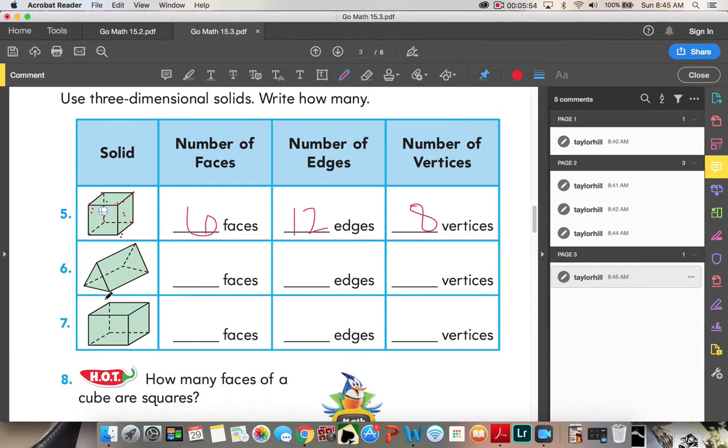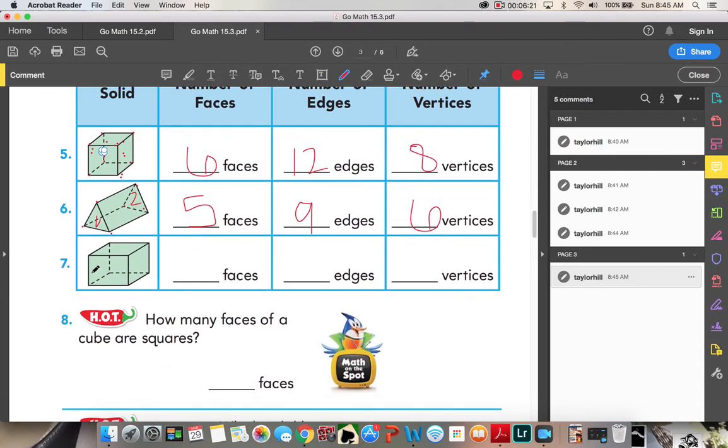All right. And then our triangular prism. We have 2 triangle faces, and then 3 rectangle faces. So that's 5 faces total. Now we've got our edges, 1, 2, 3, 4, 5, 6, 7, 8, 9. 9 edges. Okay, and then we have our vertices, 1, 2, 3, 4, 5, 6. Okay, now we have our rectangular prism.